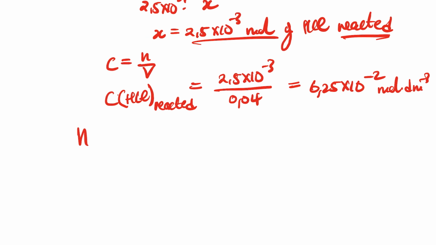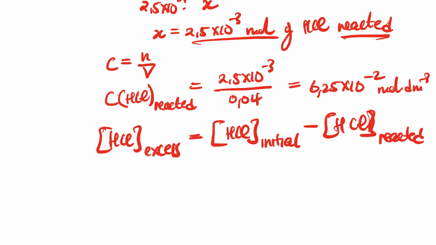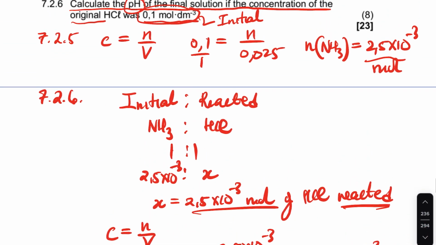So we'll say concentration of HCl excess, which is the original or the initial, minus the concentration of HCl reacted, right? The original was 0.1.